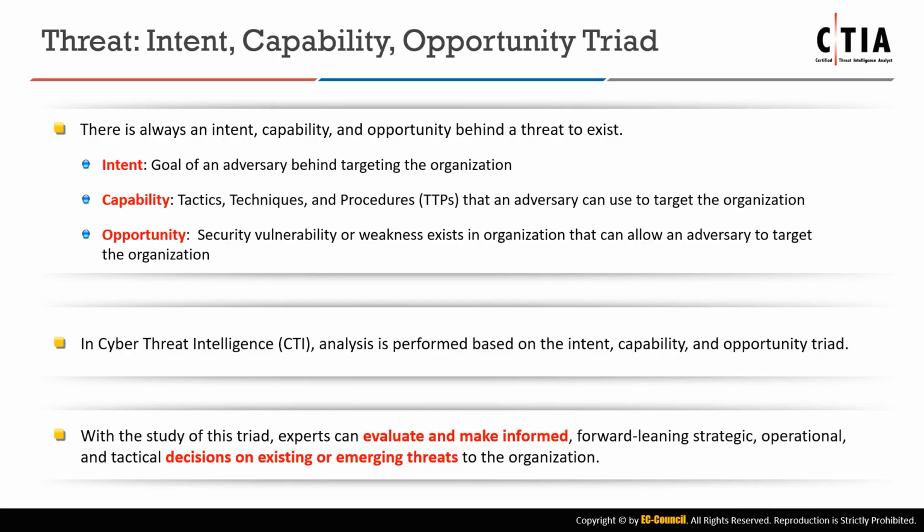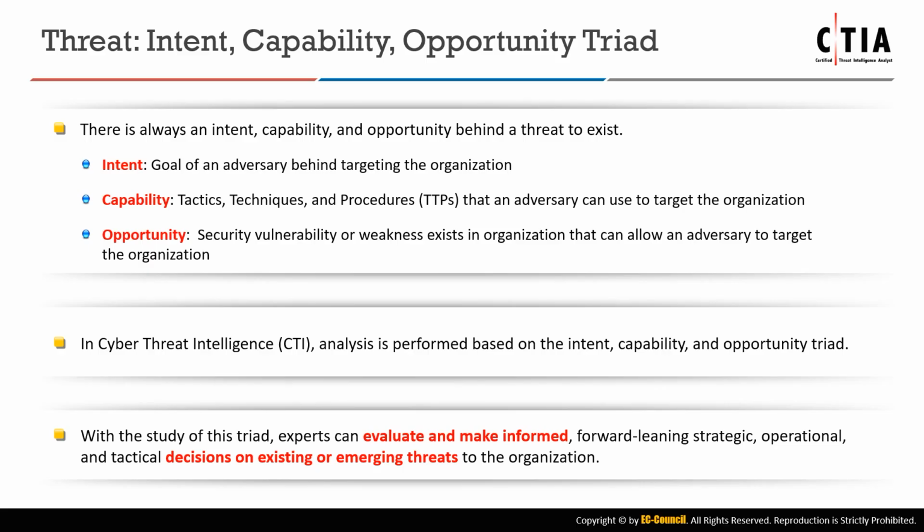Also in cyber threat intelligence, again, we'll see that mentioned over and over again. This is a CTIA, right? So cyber threat intelligence, CTI, the analysis is performed based on the intent, capability, and opportunity triad. So that's where we're going to start. We're going to find out what the intent was, perhaps find out what tools were used to find out the capability, and then look at what opportunities, where we had weaknesses in our security.